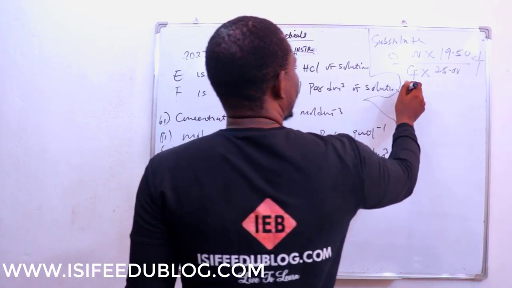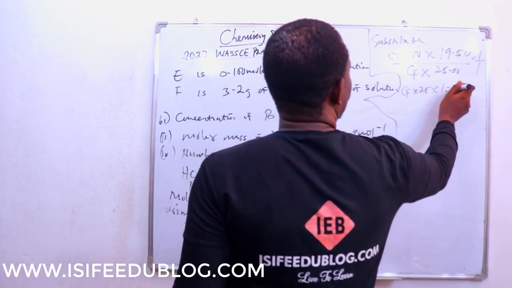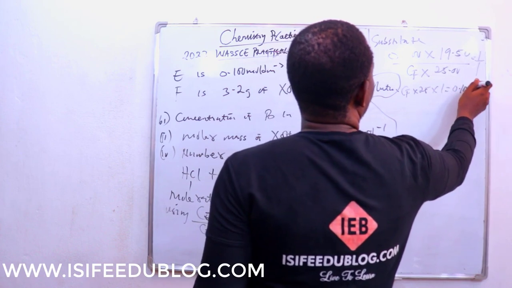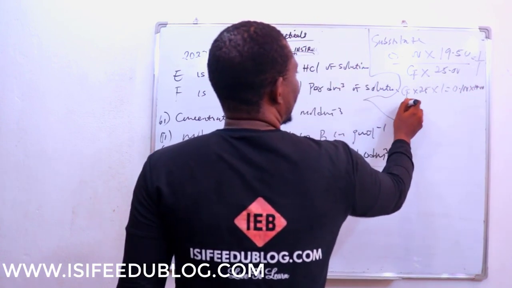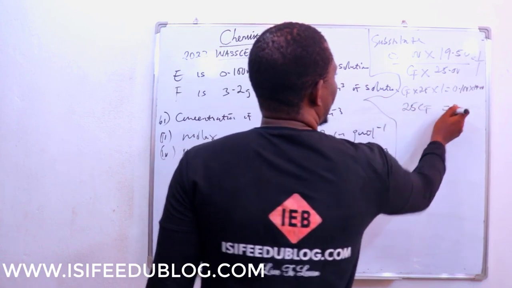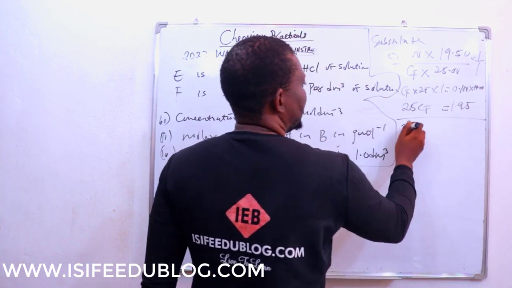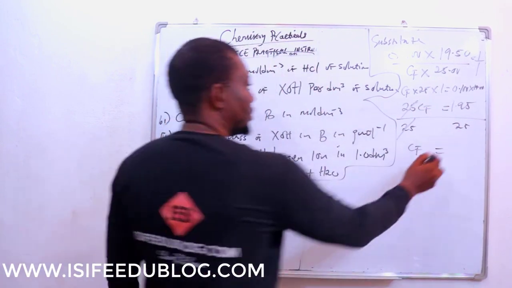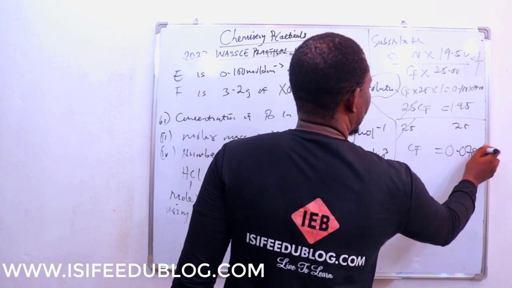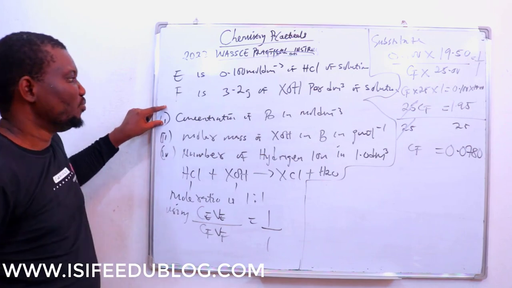So cross multiply. CB times 25 times 1 equals 0.100 times 19.5 times 1. So what do you have here? You have 25 CB equals 1.95. Okay, divide both sides. So CB is 0.0780. Please make sure it's in mole per dm³.